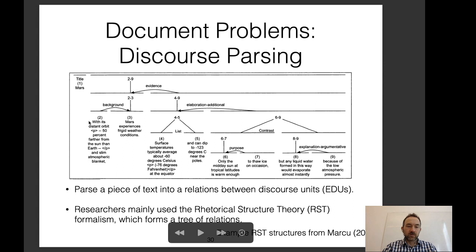So we have, with its distance orbit, Mars experiences weather conditions. So we have a background that is used to basically explain why Mars experiences frigid weather conditions. And then we have an evidence relation, a long kind of elaboration about how cold Mars is. So we have evidence for Mars's experience of frigid weather conditions.